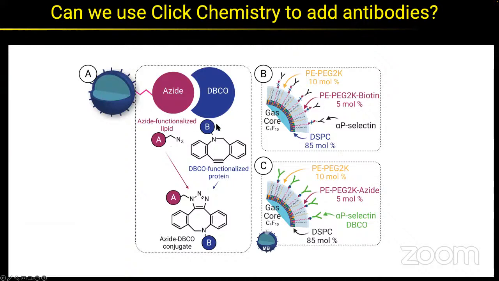Then we labeled antibodies with bifunctional linkers that allowed us to put a DBCO group on the end. And the cool thing is, once we do all of this, we just add these two things together in saline, and they click on, and there we go. So we asked whether or not this approach works just as well as biotin-streptavidin.